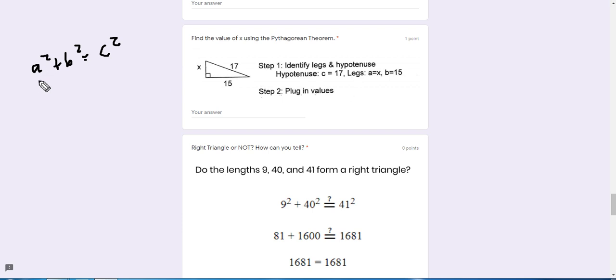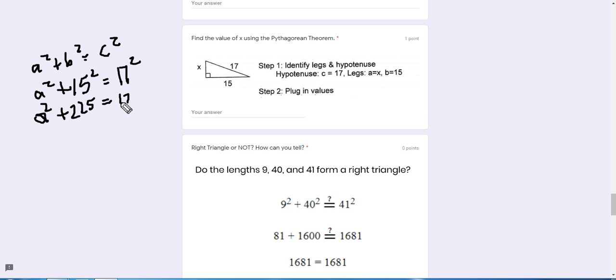Well, I don't know what x is, so let's just leave it as a squared plus 15 squared equals 17 squared. All right, 15 squared, well, that one is just 15 times 15, which is 225. Leave our a squared in there, and this is going to equal 17 squared.